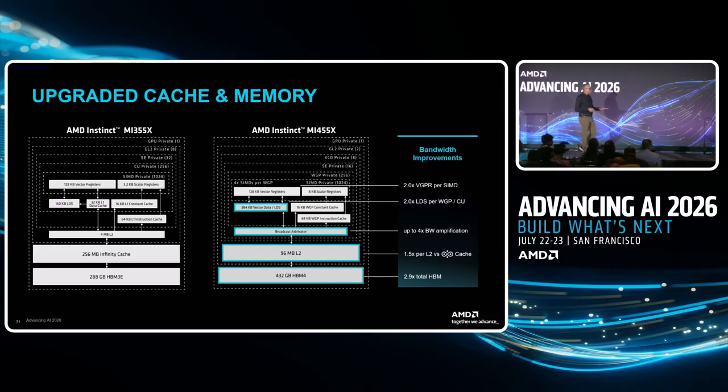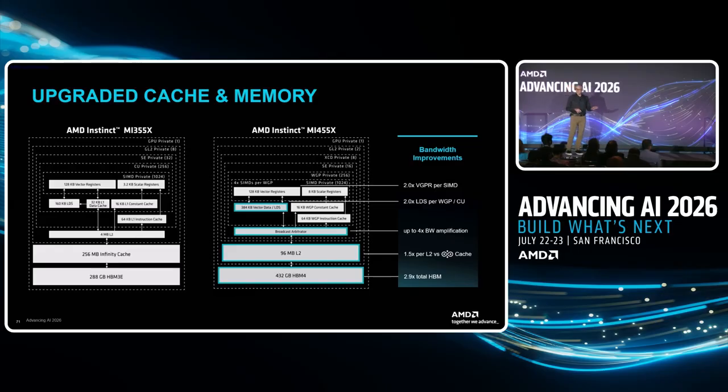So the result of that is that we now have these two large L2 caches, right? So each one of them is 96 megabytes. So in aggregate at the GPU level, it's 192 megabytes. Versus the organization in MI300, we had this single 256 megabyte cache that was shared across all the L2 caches, each of the L2 caches being 4 megabytes, and there were 8 of those, right?